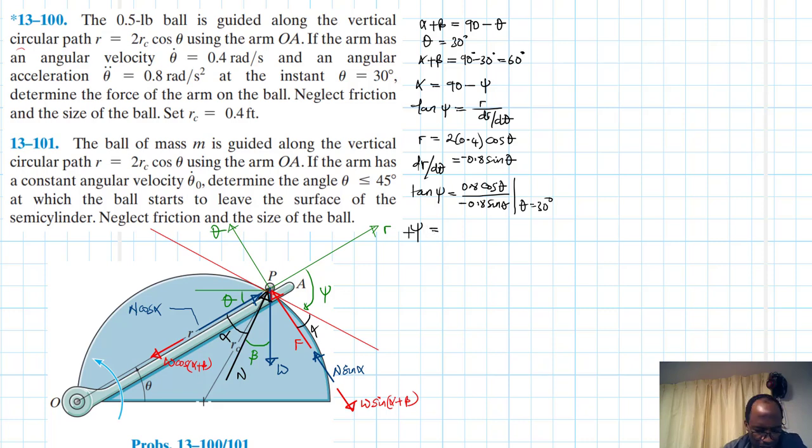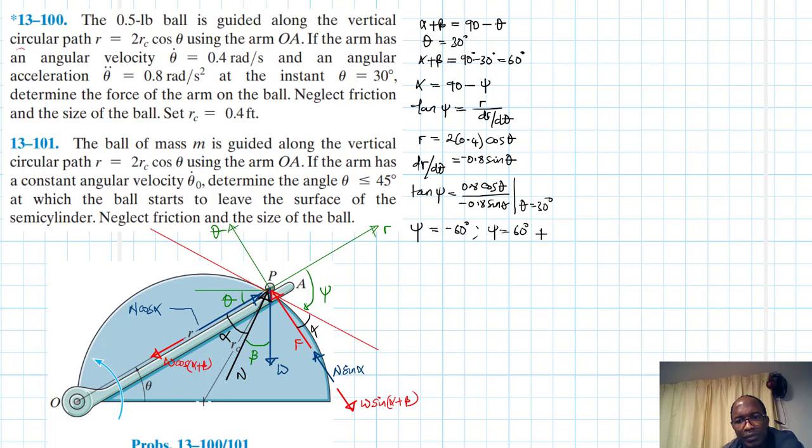Therefore, tan psi is just equal to cos 30 divided by sine 30. Tan inverse of that is minus 60 degrees. Minus just simply means it's clockwise.